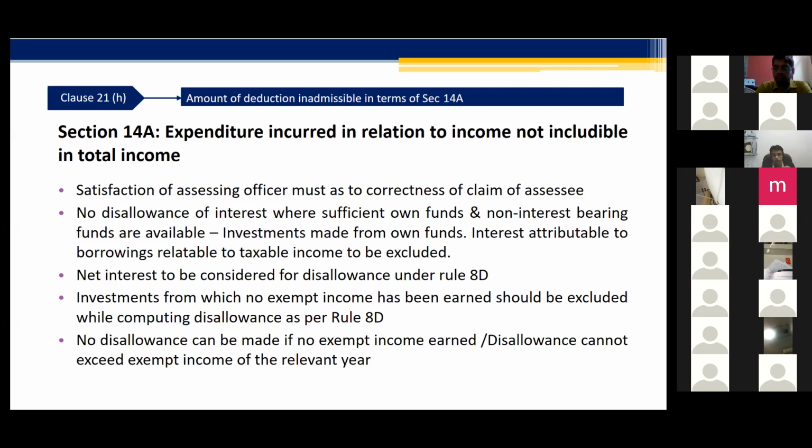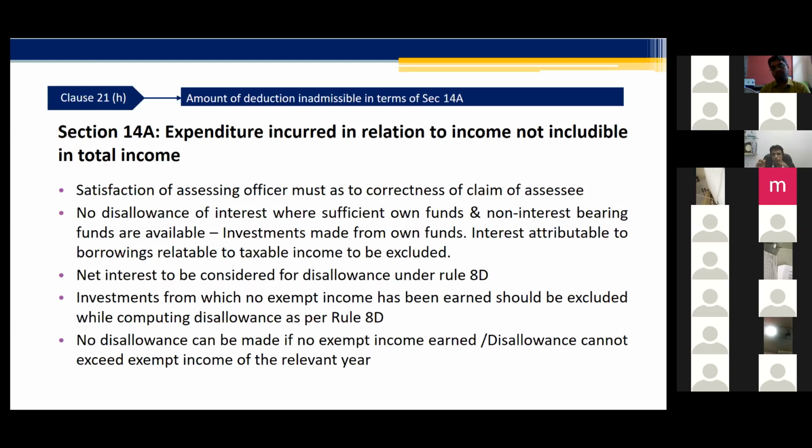I will first briefly read out the important 14A provisions, which say: if expenditure is incurred in relation to income not included in total income, the satisfaction of the assessing officer must be recorded as to the correctness of the claim of the assessee. So if I am reporting any figure or not reporting any figure under 14A, the satisfaction of the AO has to be recorded. No disallowance of interest where sufficient own funds and non-interest bearing funds are available. If investment is made from own funds, interest attributed to borrowings relating to taxable income is to be excluded.